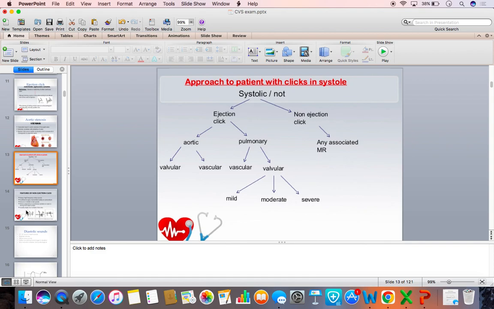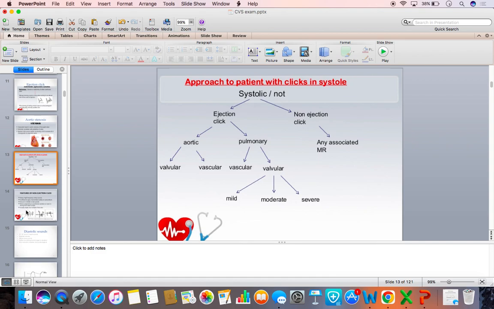This slide shows the ejection click could be aortic or pulmonary. It can have a valvular or vascular component. But I insist on one point at this time: only in mild and moderate stenosis can you appreciate the click.